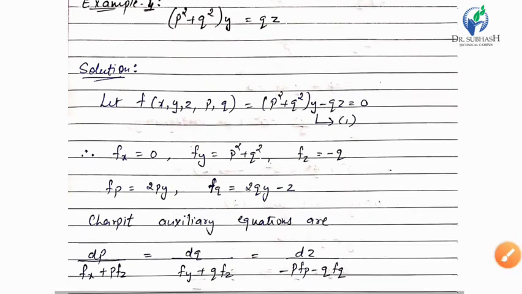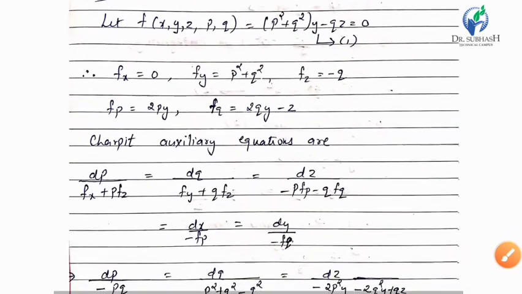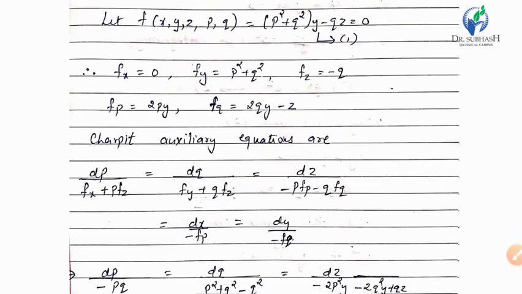First, we need to find the derivative with respect to x, y, z, p and q. So there are no terms of x here, so fx will be equal to 0. Now I will differentiate this with respect to y. Differentiation of y is 1, so fy equal to p square plus q square, and the rest of the terms will be equal to 0.